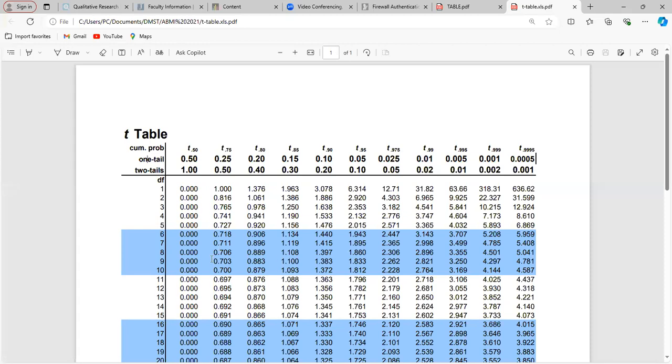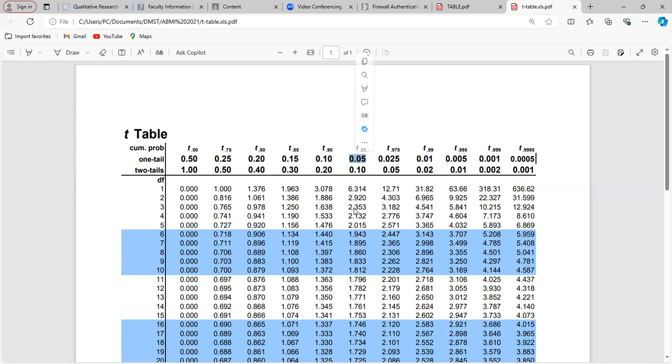In here are the T values. They are not probabilities, they are T values. Since our test is one-tailed, I read this row. I go all the way until I get to 0.05. That row of one-tailed is here.